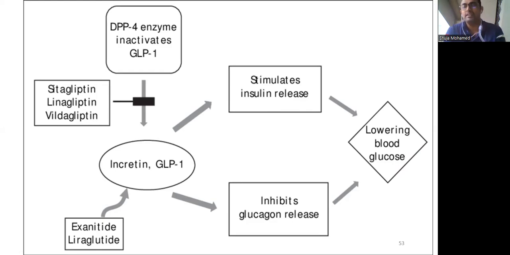But in the body, for this effect you need incretin GLP-1. But there is the DPP4 enzyme that inactivates the GLP-1, so the lowering of the blood glucose can be impaired.